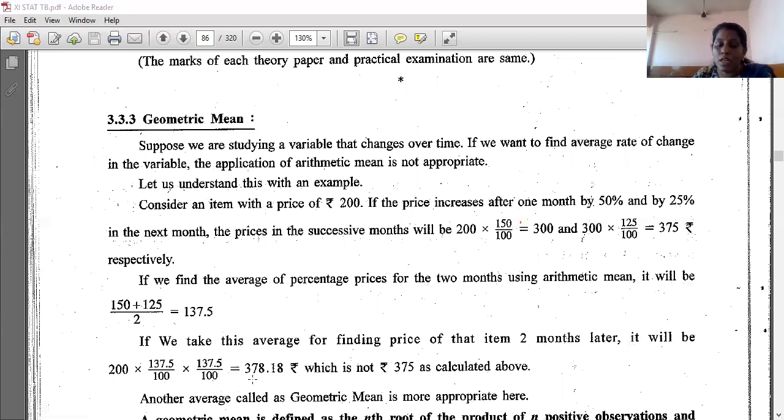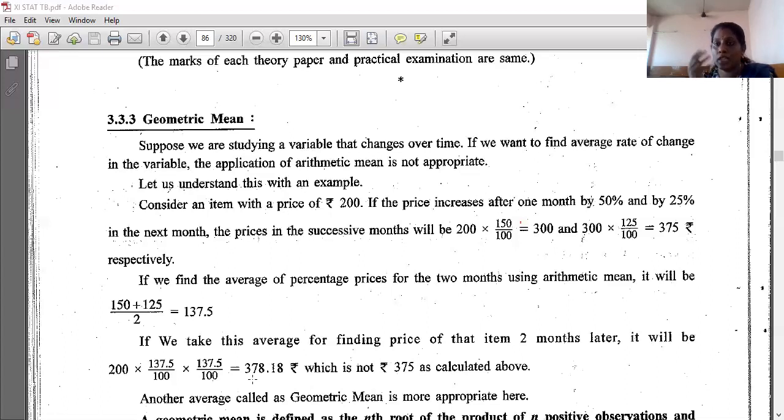We found the average as 150 plus 125 divided by 2, that is 137.5, and for 2 months we calculated it 2 times.